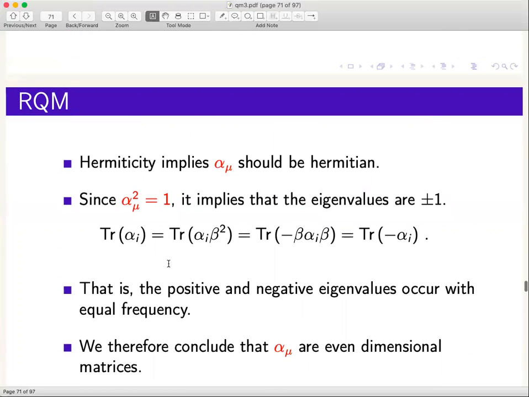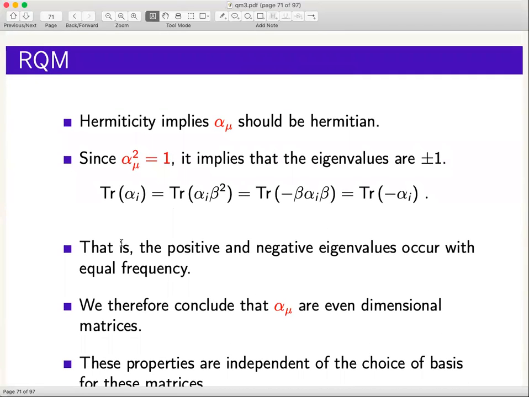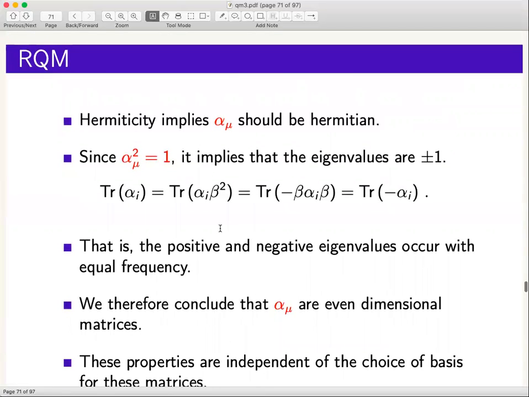And if you impose those conditions, you find that alpha_i as well as beta are matrices with plus or minus 1 eigenvalues, and they are traceless. A matrix with plus or minus 1 eigenvalues, traceless, and with non-vanishing determinant, because alpha squares to 1, would imply that the matrices have to be even dimensional.